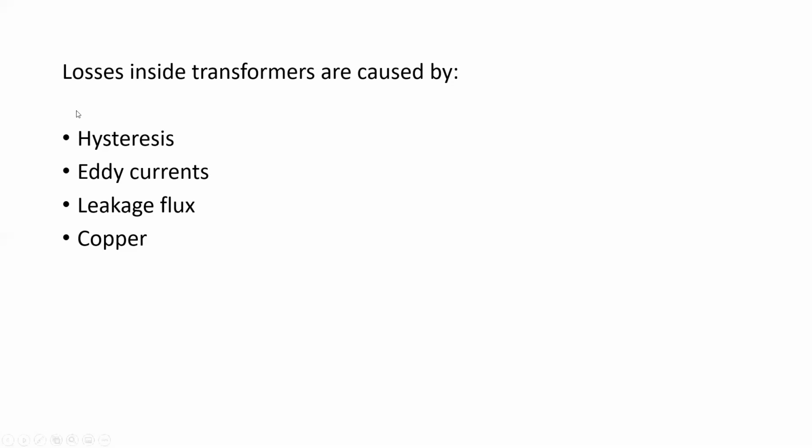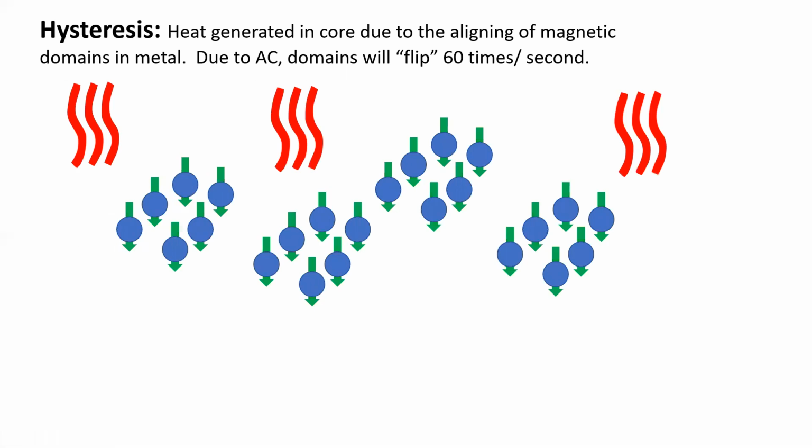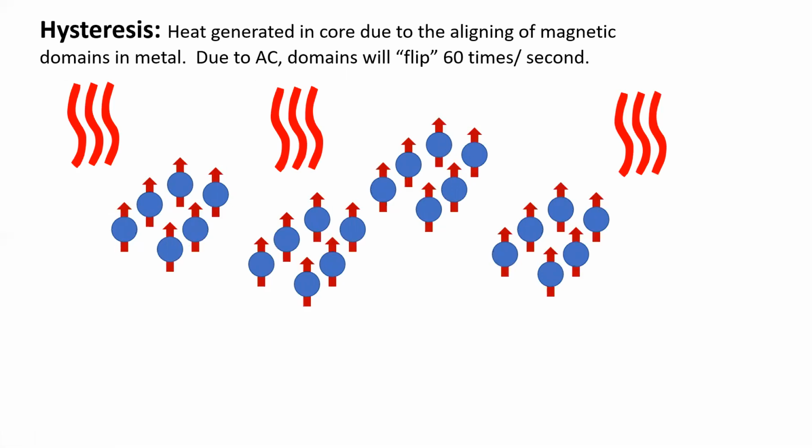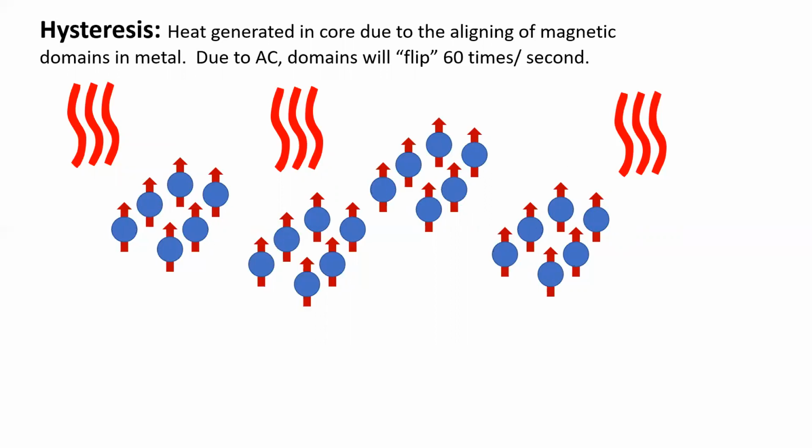The other category of loss we see has to do with magnetic or core losses. And these are made up of hysteresis, eddy currents, and leakage flux. So let's look at each one. Hysteresis has to do with the movement of these magnetic domains as they are aligned in 180-degree differing direction 60 times a second due to 60 hertz.